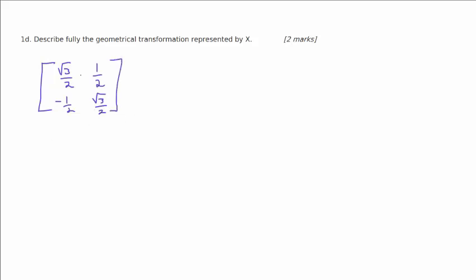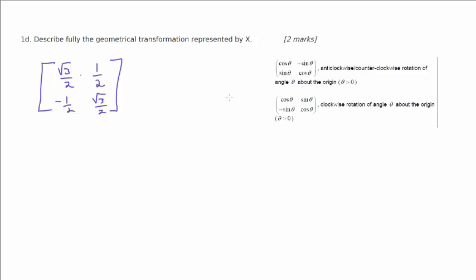So we go back to the formula booklet, where it has these two transformations with the cosine of the angle, anti-clockwise or clockwise.